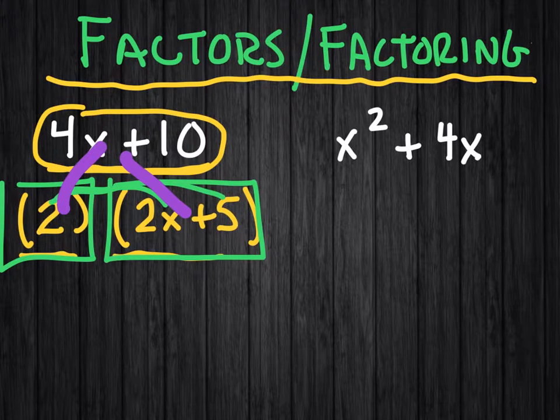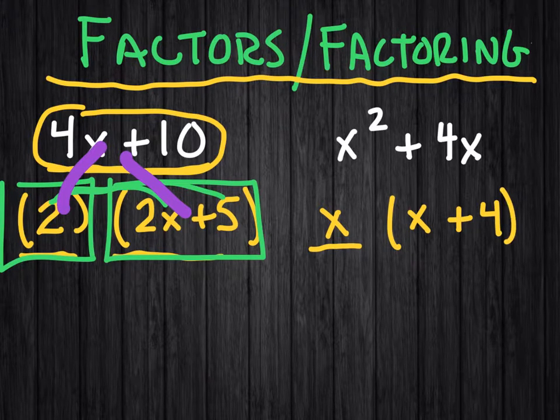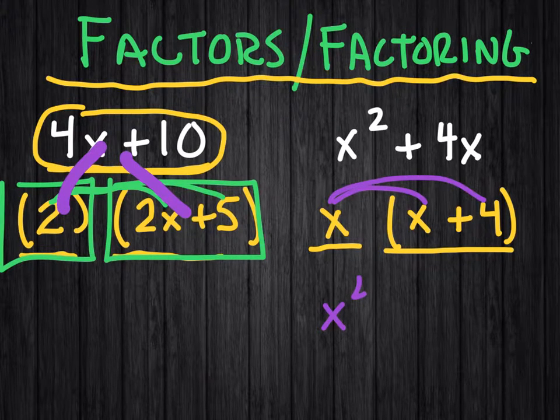How about this other one? What might be the factors? I have an x squared and a 4x. Oh, I see. An x would be maybe one of the factors, and the other one would be x plus 4. Do you see how that's starting to work nicely? That would be x squared, and then this would be plus 4x.